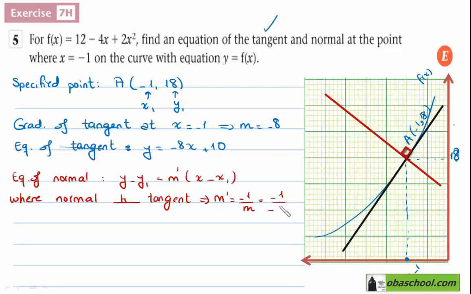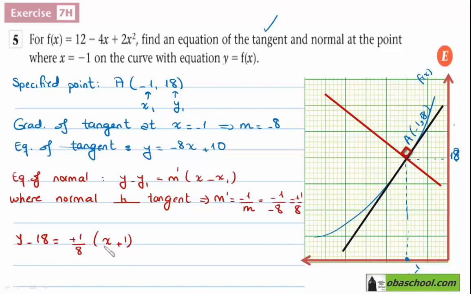Then it's equal to minus 1 over minus 8 equal to plus 1 over 8. So now we can substitute in the equation all the given. Y minus y1, it's minus 18, equal to plus 1 over 8, the gradient of the normal, multiplied by x minus minus 1, which is plus 1.